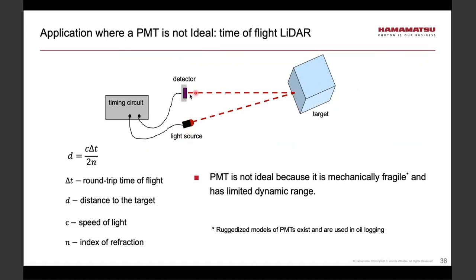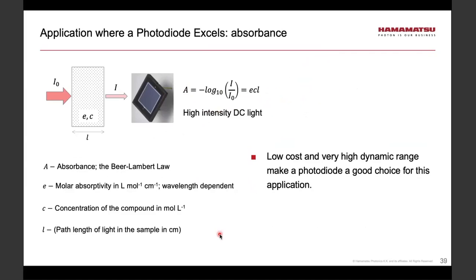However, if this is meant to be on cars, PMT is not ideal because it's mechanically fragile, has a limited dynamic range, and if accidentally exposed to full light while powered, it can be permanently damaged. However, please note the asterisk here, there are PMTs that are ruggedized that can even be used in oil logging, but these are special types of PMTs.